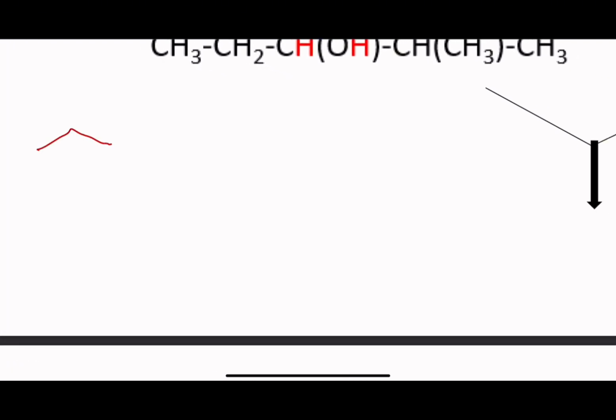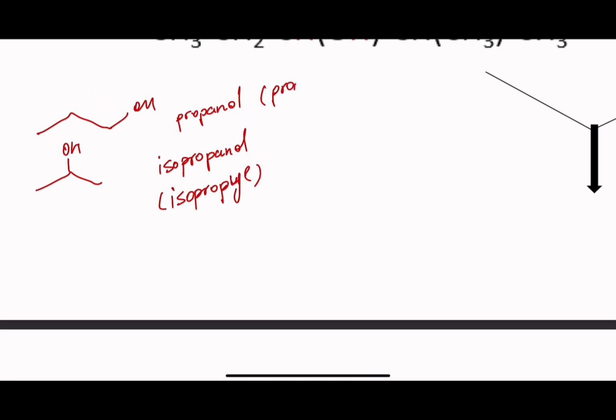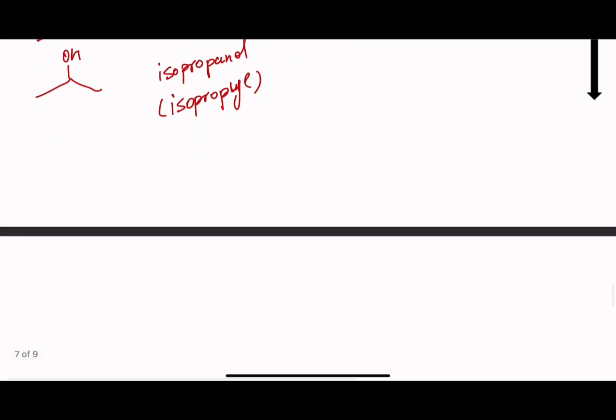If you want, I can list them in here. So propanol is this, right? Propanol. Isopropanol is this. And if it becomes a branch of something, we write it as isopropyl, and this is just propyl. For example, we had ethanol, and if it becomes a branch of ester, we call it what?